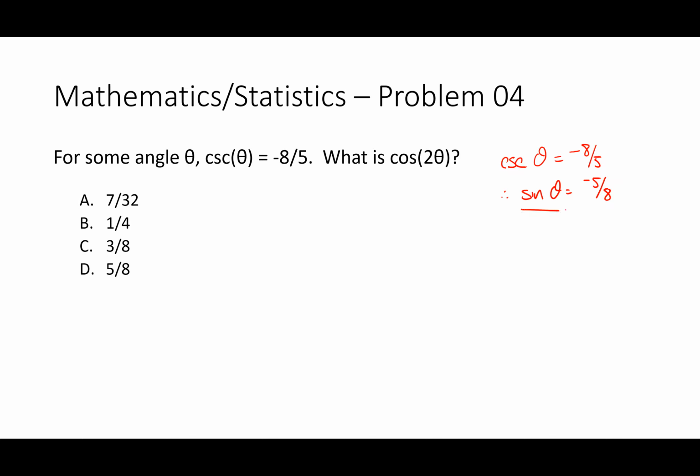I have the sine of theta, I have the cosine of 2 theta. What's a relationship that I can use to relate those two? And that's where your manual comes into play.